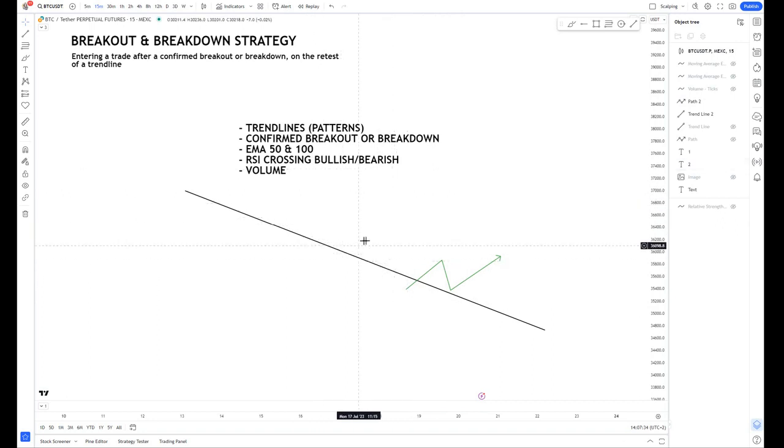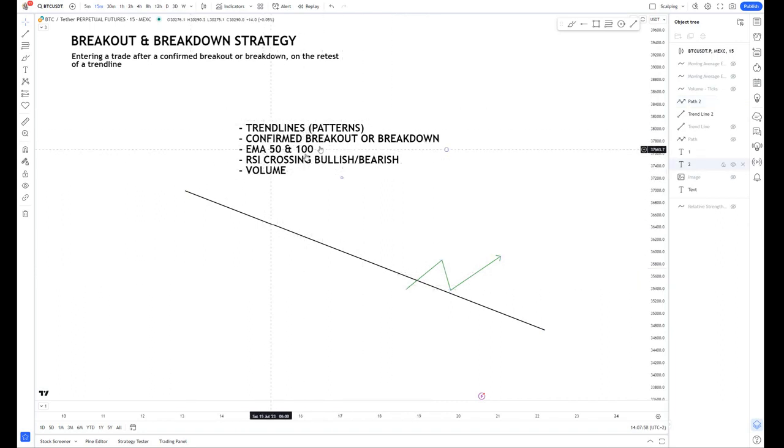And for shorting, you want the EMA to be above the price action. So maybe breaking through the EMAs and then retesting. So the most perfect example is when EMA 50 and 100 are also around the retest of the trend line.